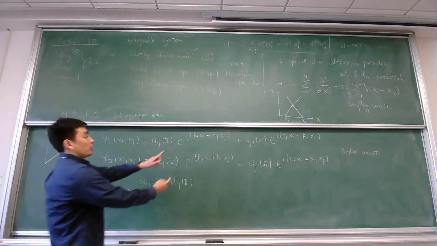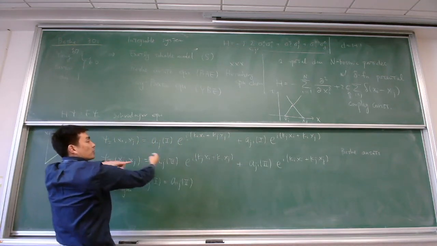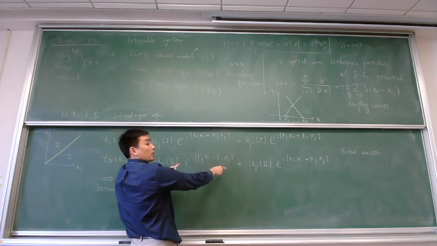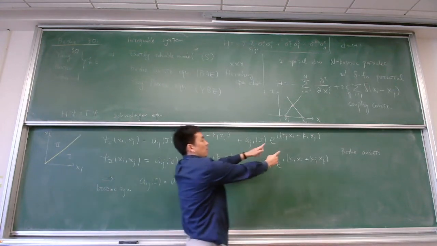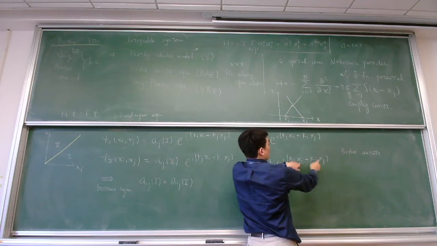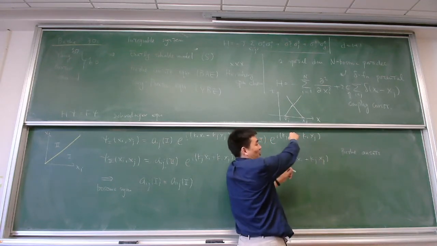So if you exchange xi and xj, the wave function should be the same. Xi and xj are exchanged, you get this part, all right? So therefore, the coefficient has to be the same. And the same thing happens here. I hope the longer one is j, and the shorter one is i.